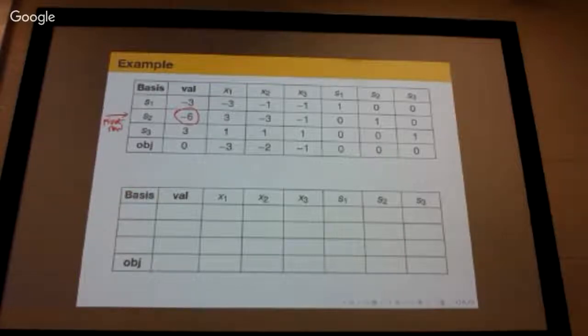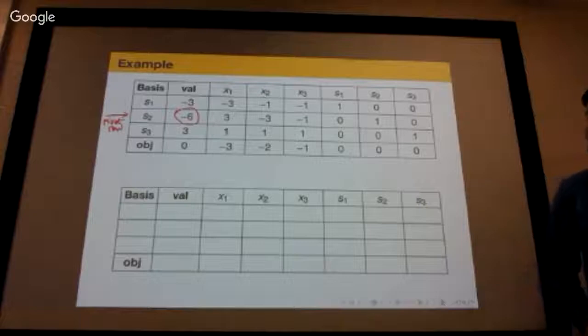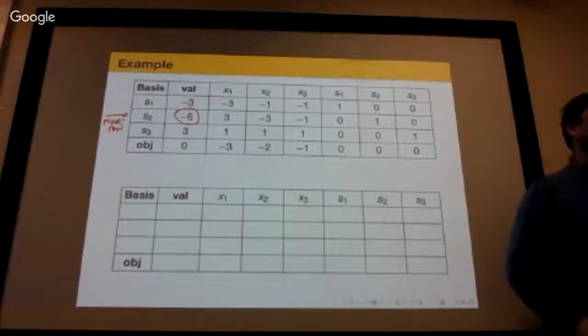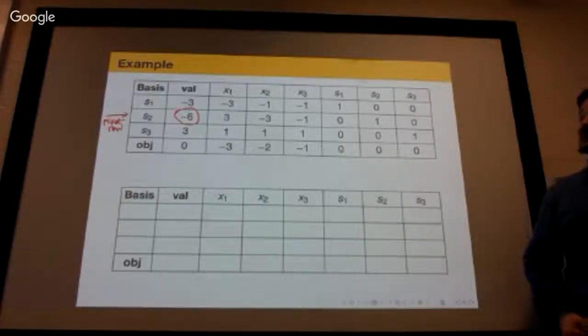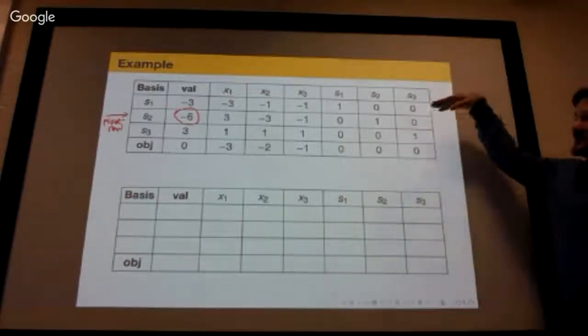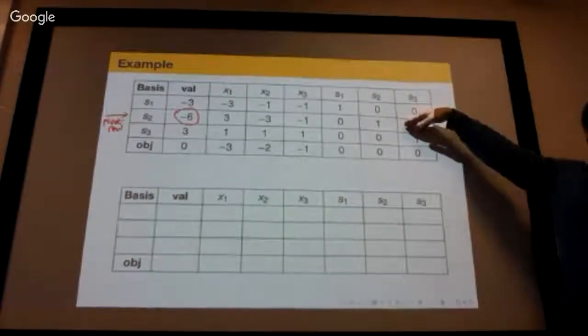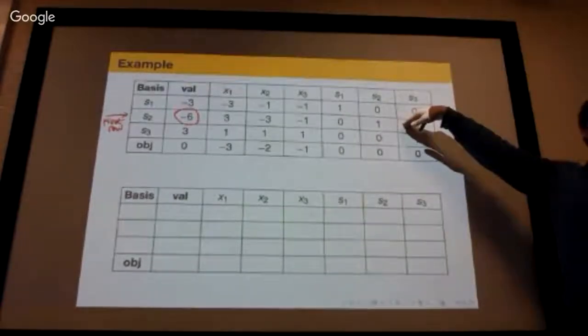Well, now, in this case, what we're going to do is something quite different. The reason we didn't want the pivot element to be negative was that the pivot step divides the whole row by the pivot element in that first step.